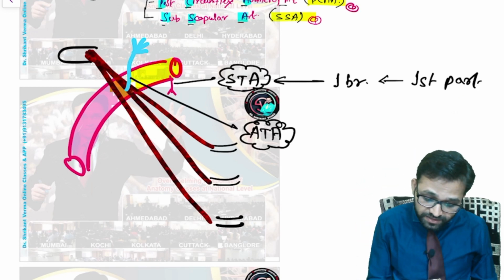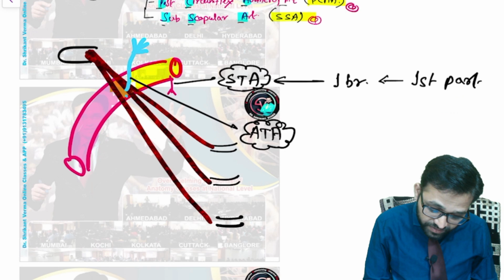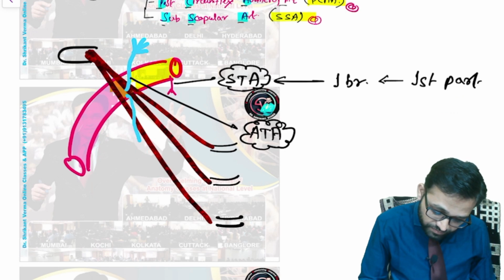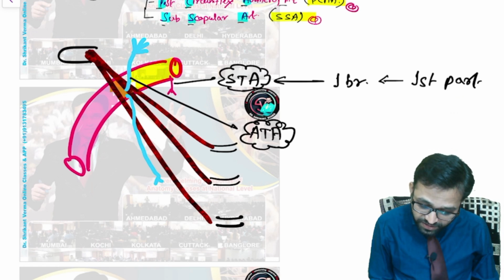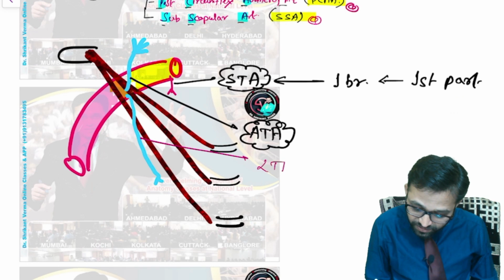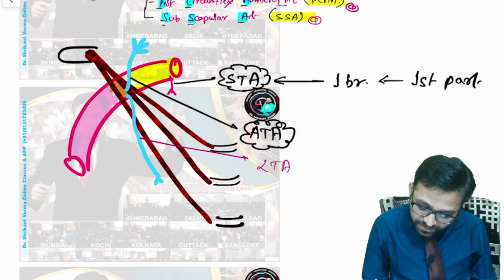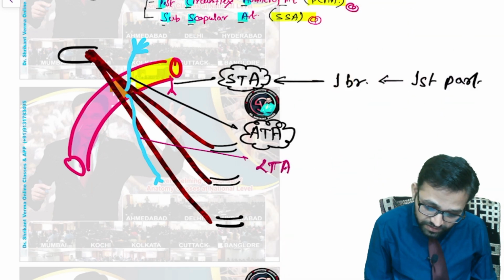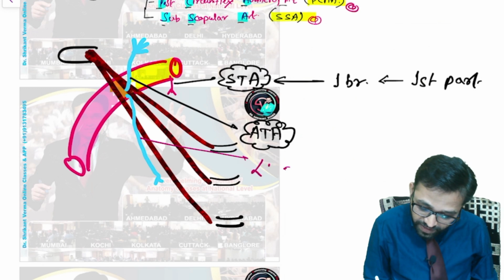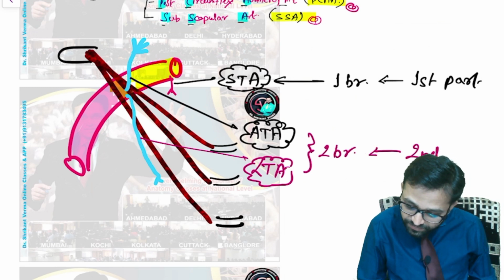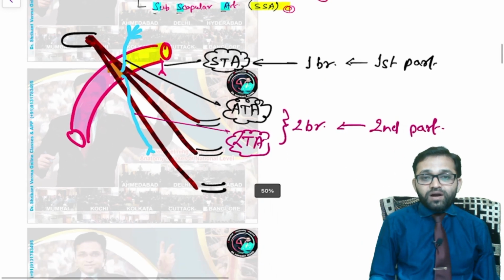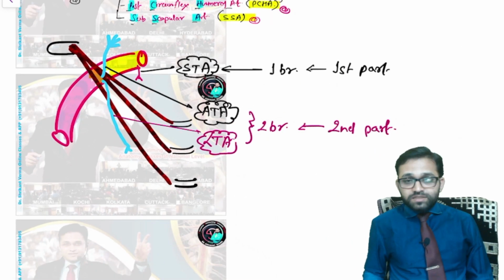In the same way another branch is coming and running along the lateral side of the thorax. You have to remember this is our LATA, lateral thoracic artery. So these are our two branches from the second part.